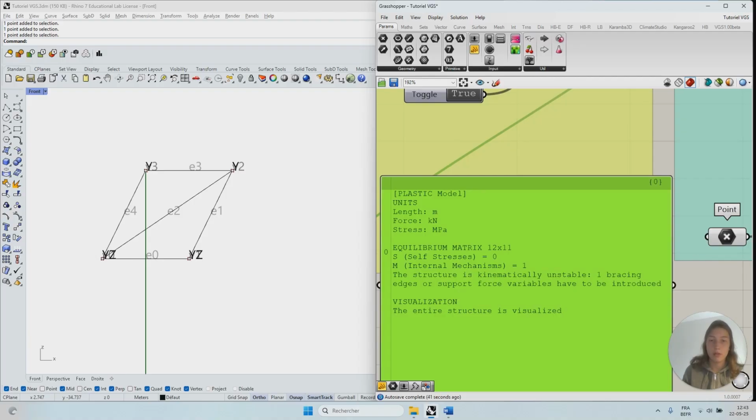A mechanism appears when there aren't enough bars to ensure equilibrium. This means the structure can move freely under certain loads or even without any load. In this case, the structure is unstable, so it can move horizontally. VGS cannot calculate the internal forces in the bars.